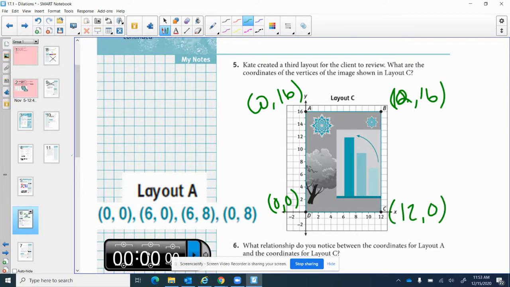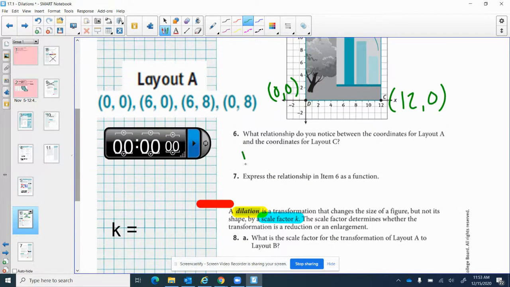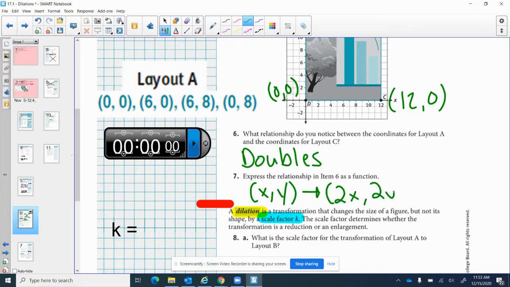So we're basically taking our original coordinates here, and now we're doubling them in size. So when we double them in size, we would write our function rule as 2x and 2y, since we doubled each of those, okay? So again, this brings back the idea of our scale factor in a dilation.